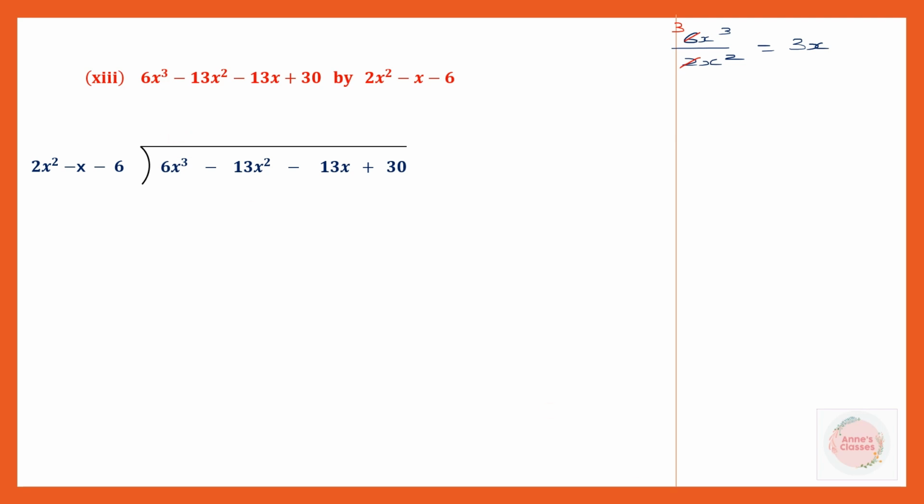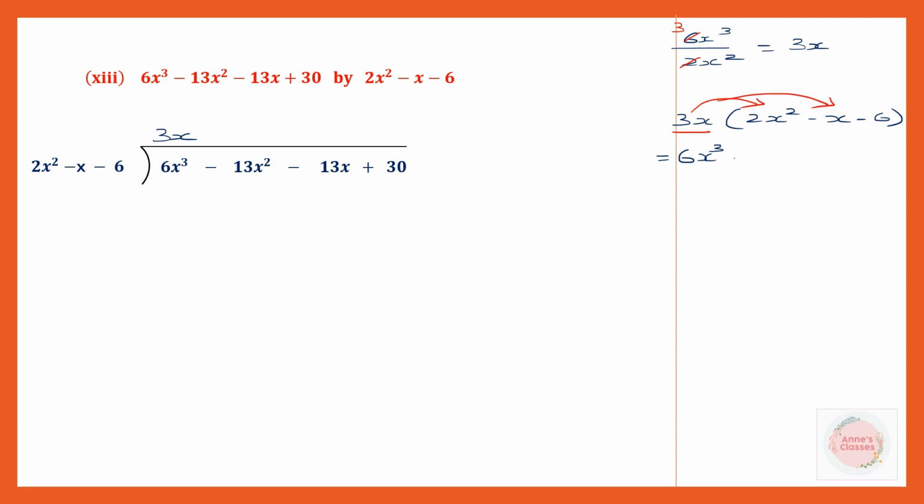So we're going to write 3x here. So let's write 3x. Now we're going to multiply 3x with every term in the divisor. So let's do that multiplication here. 3x into 2x square minus x minus 6. So first we multiply 3x into 2x square. 3 2s are 6. X into x square is x to the power of 3. Then we multiply this by minus x.